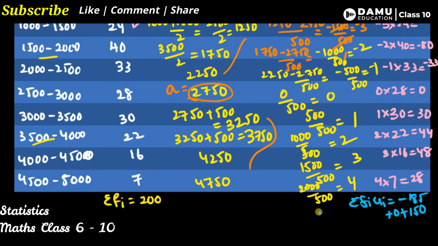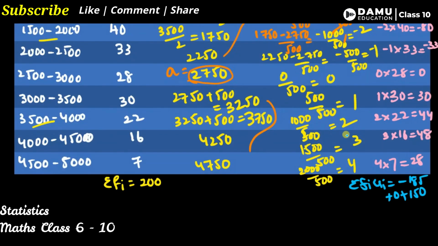So the final value of the summation of fi ui is minus 35.